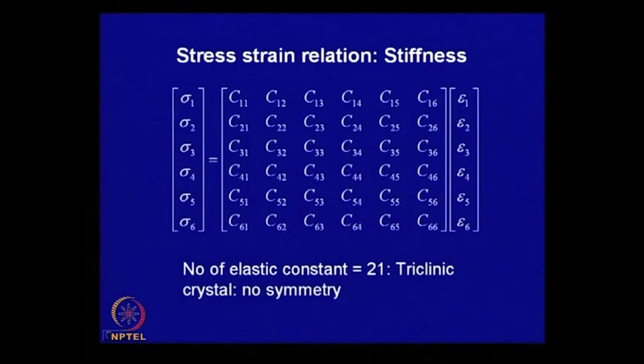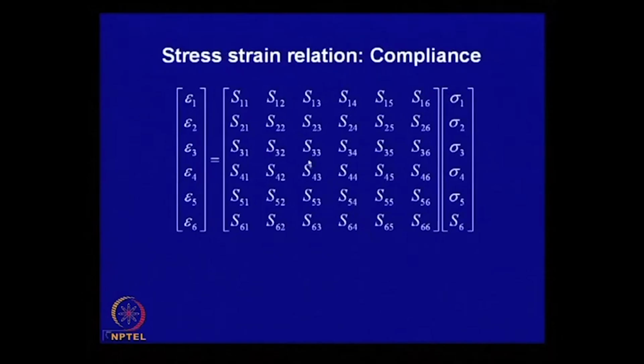For example, the triclinic crystal, where there is no symmetry. A similar relationship also exists, you can say an inverse relationship, where strain is expressed as a function of stress. In that case, the matrix is like this, S11, S12, and this is called the compliance matrix.